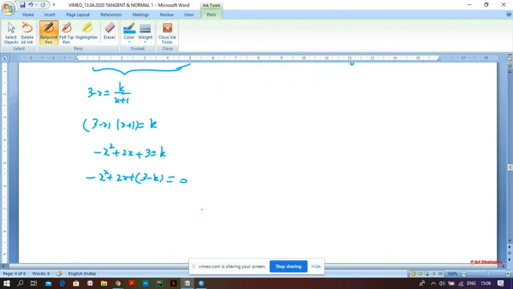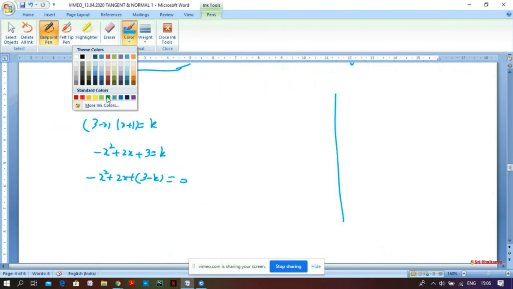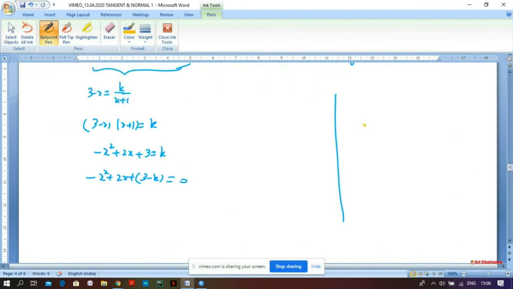Now one important point. If you have ax squared plus bx plus c equal to 0 and you want the roots to be equal, then the condition is that the discriminant b squared minus 4ac must be 0.